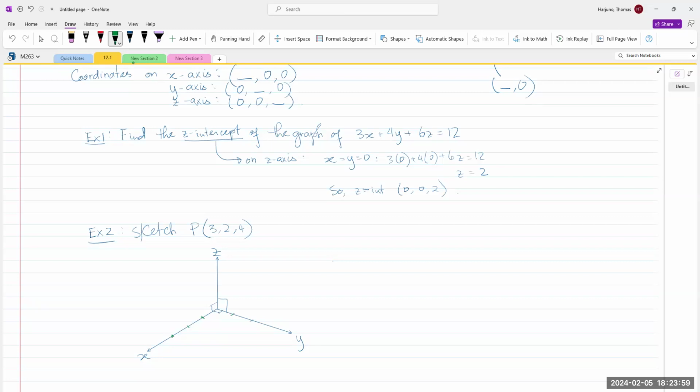So imagine from this 3 on the x-axis, I draw a segment parallel to the y-axis, and from this 0, 2, 0 coordinate, I draw a segment parallel to the x-axis. So notice that this is coordinate 3, 0, 0. This is coordinate 0, 2, 0. So what is this coordinate here? This is coordinate 3, 2, 0.